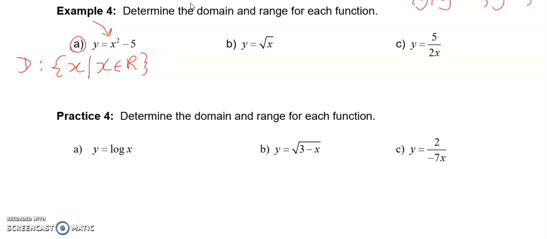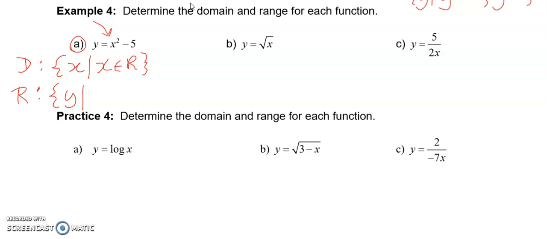Now, what about the range for this function? And remember now, that would be our y values, the values of the dependent variable. Well, you have to consider what happens when you take all of those different x values and put them in x squared. You can put in the negative numbers, positive numbers, you can put in 0.